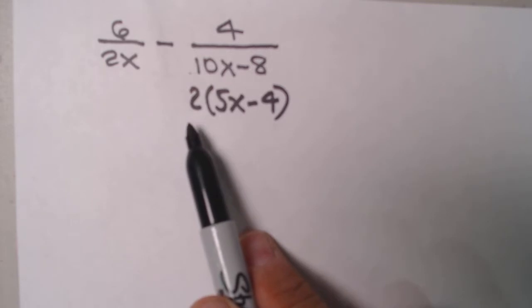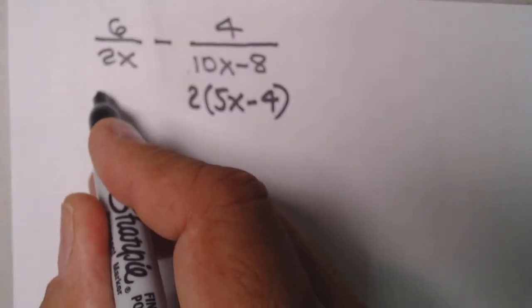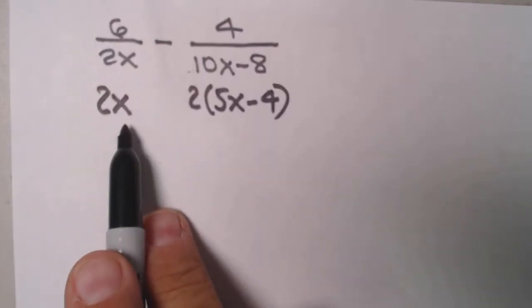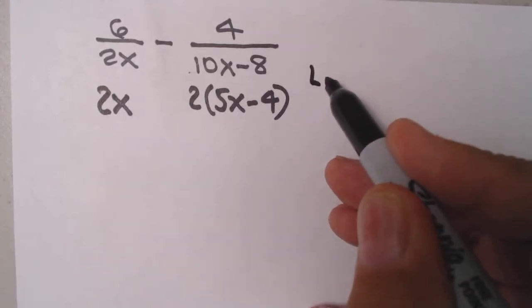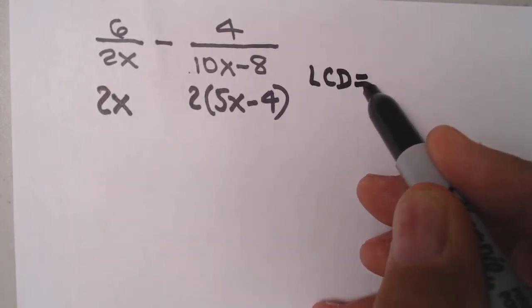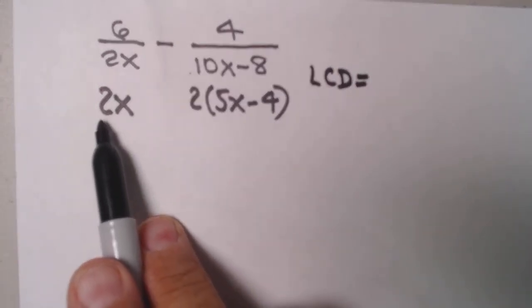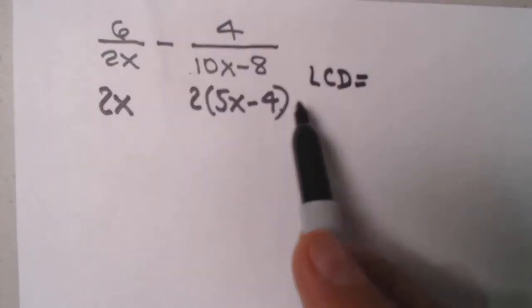And the reason we do that is so that we can figure out what the LCD is. Well, this first guy, remember, was just 2x. That's its factorization. So the LCD here that we're going to do on these is going to equal all the different bases. I have a 2, I have an x, I got another 2, and I got this quantity.